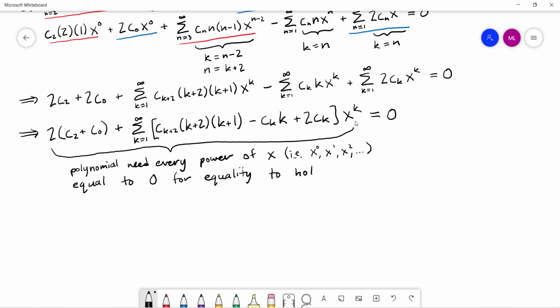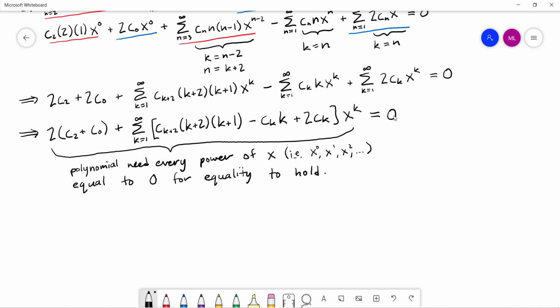And hopefully that makes some sense, right? It's basically, again, the process that we used when we did method of undetermined coefficients. It's the process that we often use when we do partial fraction decomposition and look at all the different orders of x.